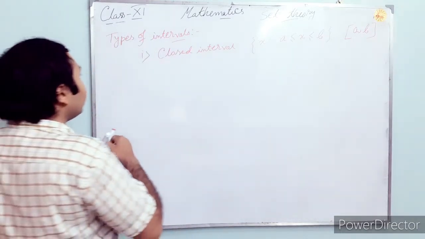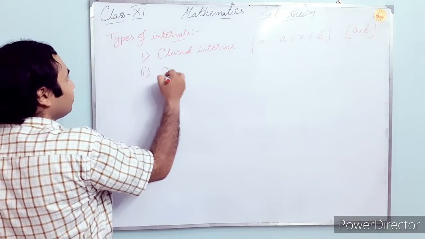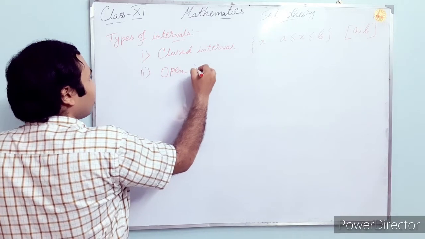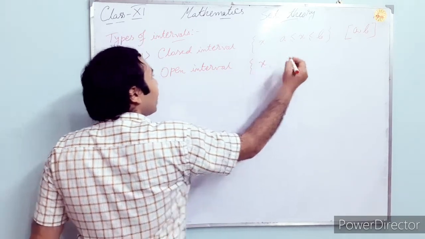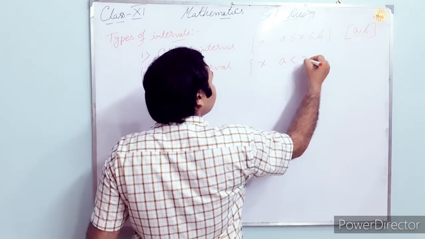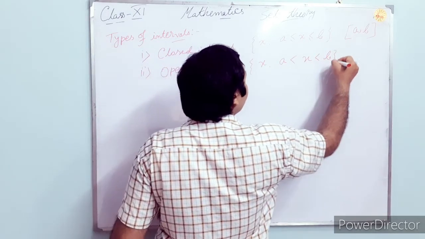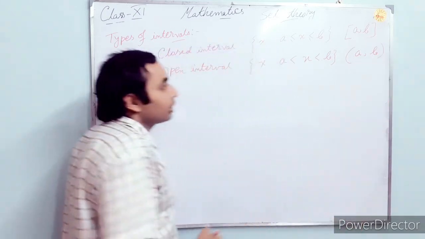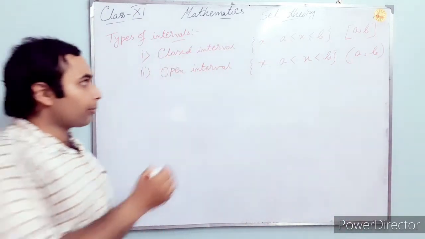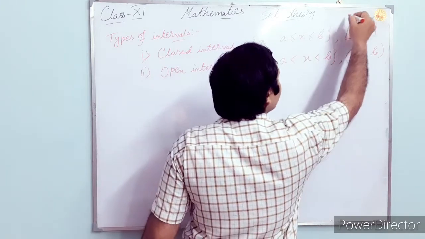Now the open interval. It is the same type of thing, but here the equal to sign will not be there, and it is in parentheses. Those are the notations actually.